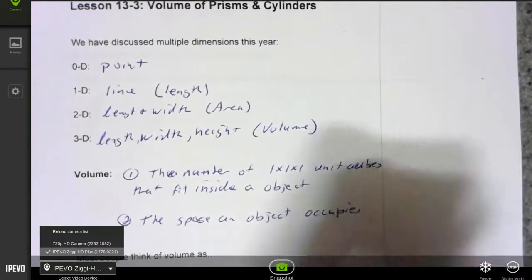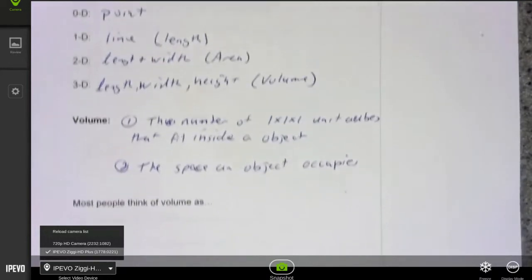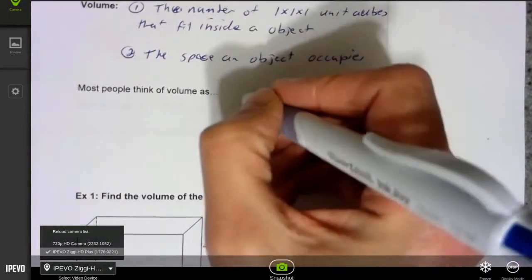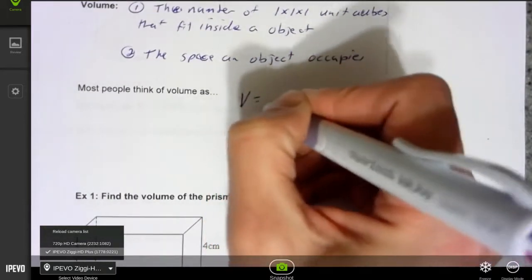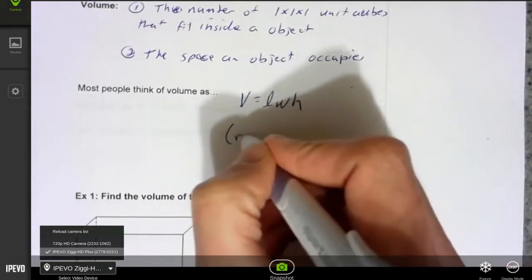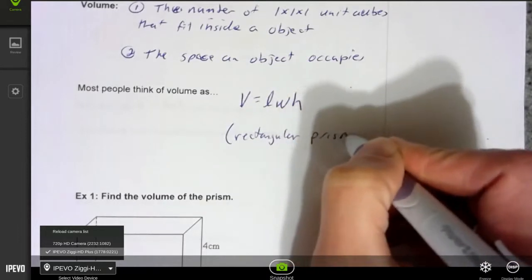How much space does it take up? Okay, that's the basic ideas of what volume is. Then we can take this down to how people think about volume. Like I said, most people think about volume as volume equals length times width times height. And that works great for a rectangular prism.